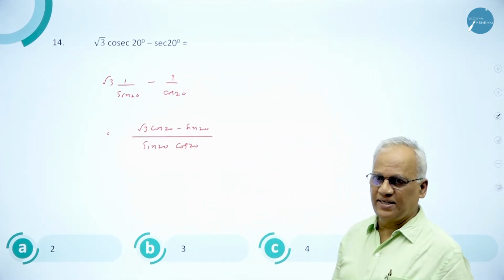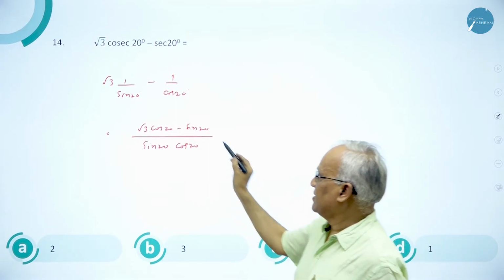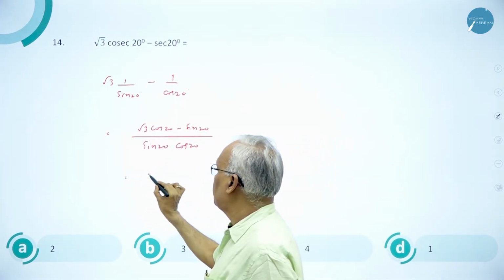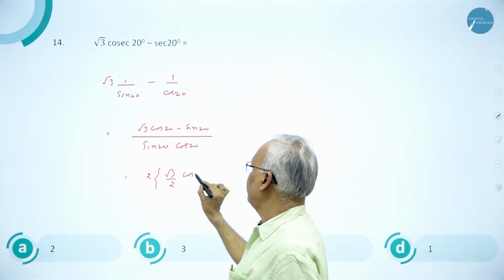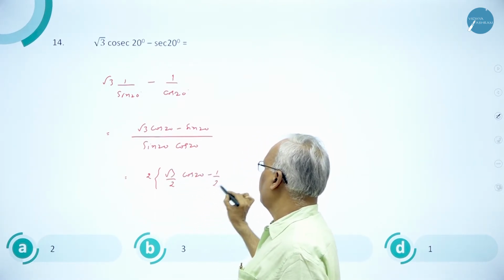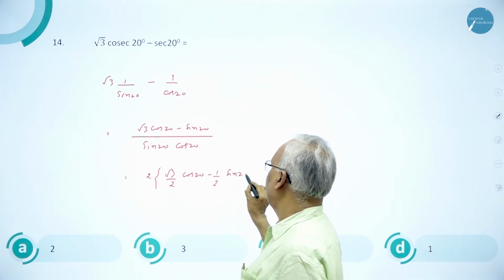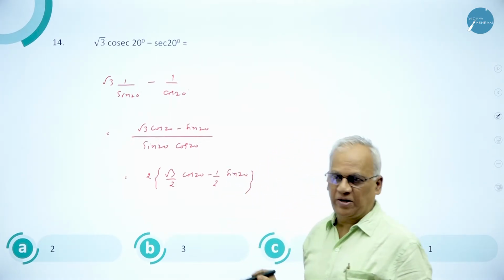Now you have very interesting manipulation. This can be written as 2 into root 3 by 2 cos 20 minus 1 by 2 into sin 20. It's very, very interesting manipulation.